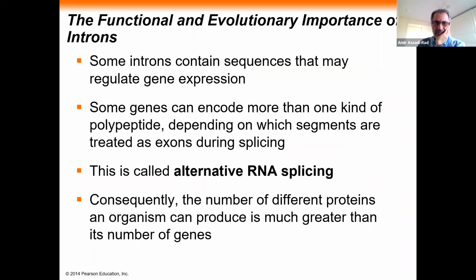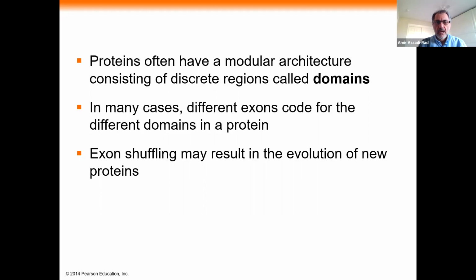The functional and evolutionary importance of introns, I'm going to let you guys read this by yourself. The introns had a function at one time, and throughout evolution, they do not have a function now anymore, so they do not get translated. Proteins, however, are modular, actually consisting of discrete regions called domains.